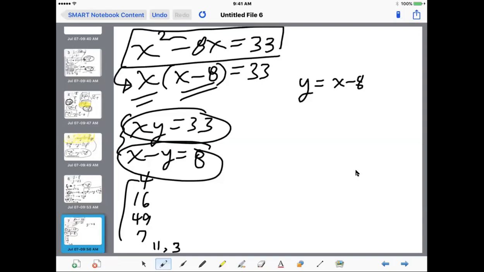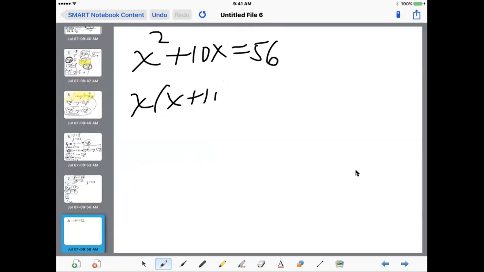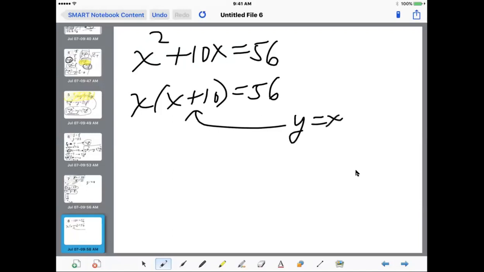Now, if this minus was instead a plus, imagine the question said x squared plus 10x equals 56. So they might say this: the area plus 10 times the side, square side, is 56. You would still factor out the x, still call that y.